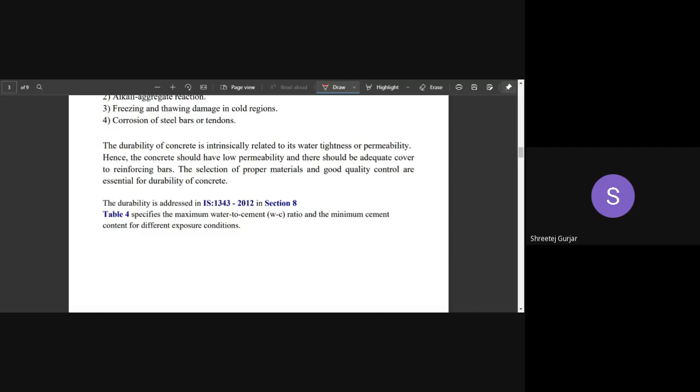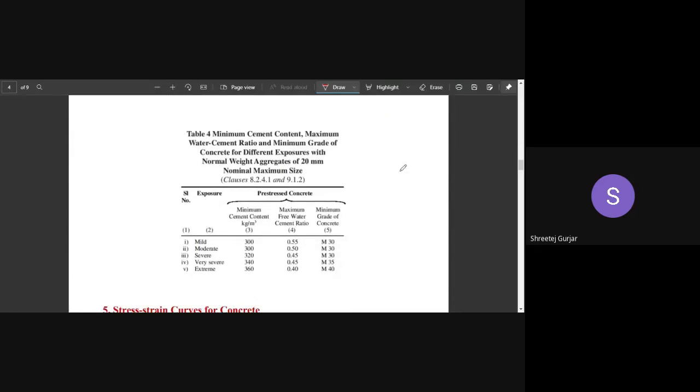Similarly, we have Table number 4 in IS 1343, which gives us, as per your exposure condition, the maximum water cement ratio and the minimum cement content to be used. I have just taken a screenshot of that table and placed it here.